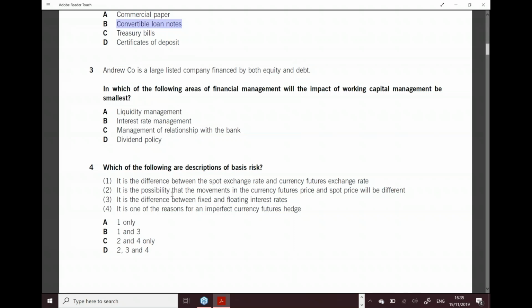The second says it is a possibility that movements in the currency futures prices will be different. Yes, it is different because it does not move in a linear fashion. 3 says it is the difference between fixed and floating rates. No, that is wrong. 4 says it is one of the reasons for an imperfect hedge.